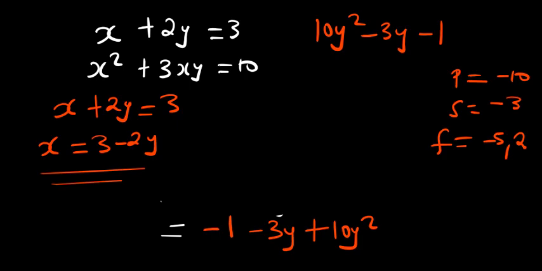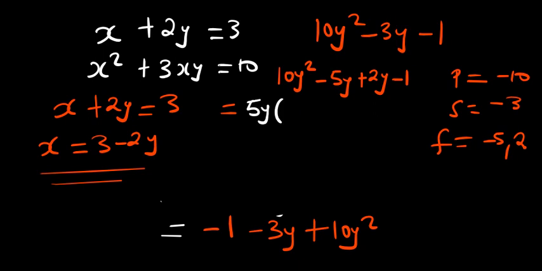Okay. So meaning, now what would be our answers? So we're going to have 10y squared minus 5y plus 2y minus 1. Okay. Now if I solve this, when I factorize this side, I'm going to have 5y. Here I'm going to remain with 2y minus 1. Okay.